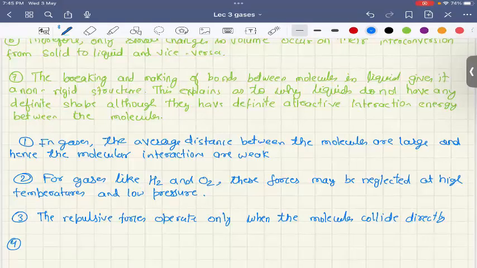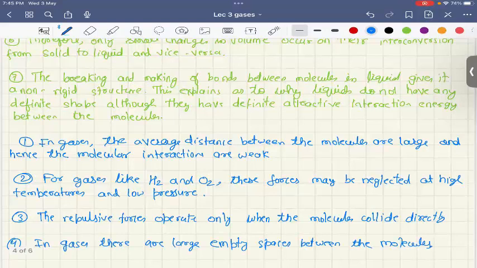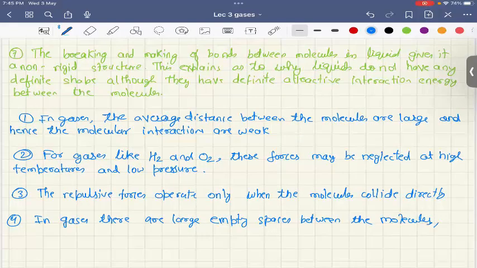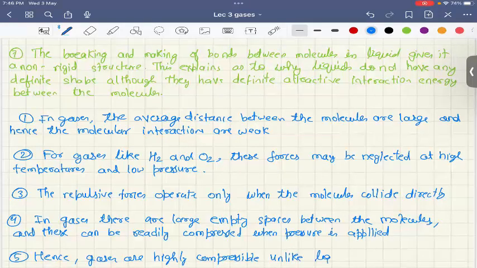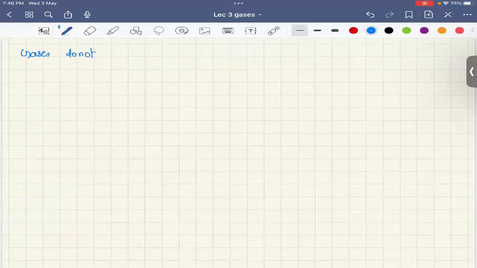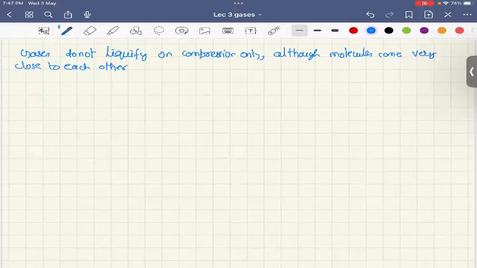In gases, there are large empty spaces between the molecules, and these can be readily compressed when pressure is applied. Hence, gases are highly compressible, unlike liquids and solids. Gases do not liquefy on compression only, although molecules come very close to each other, and the intermolecular forces become maximum.